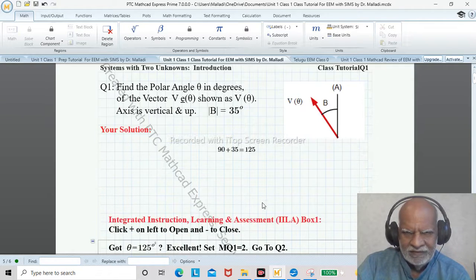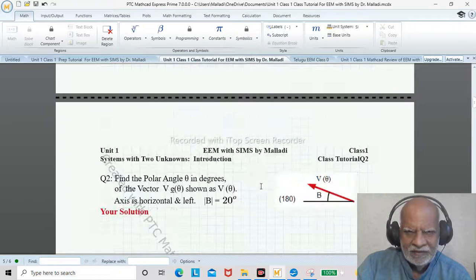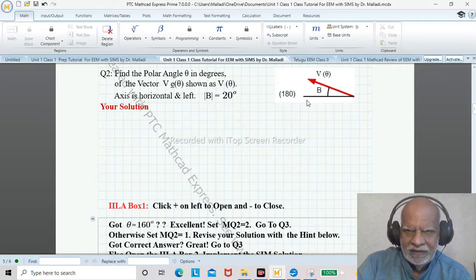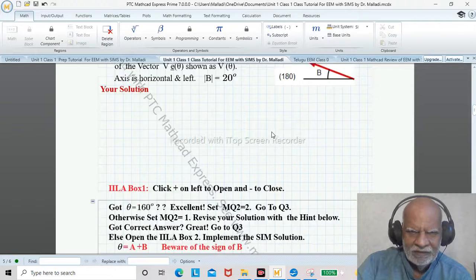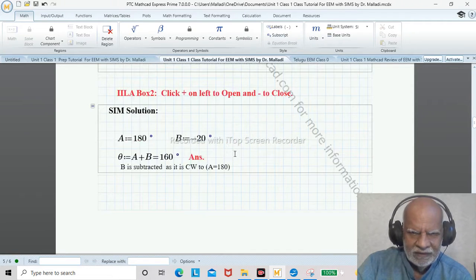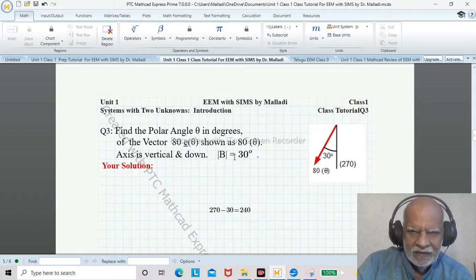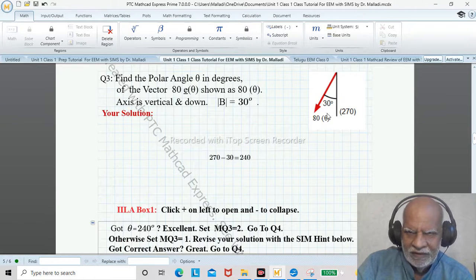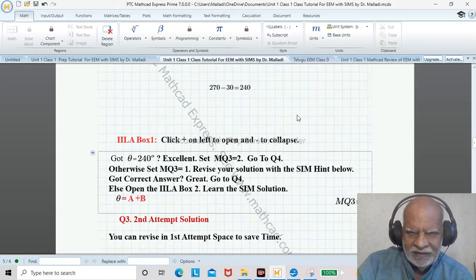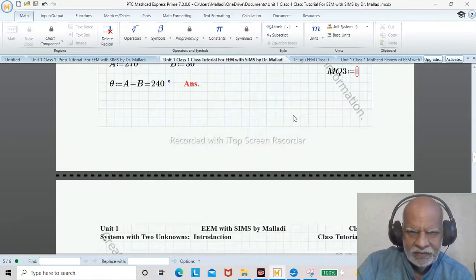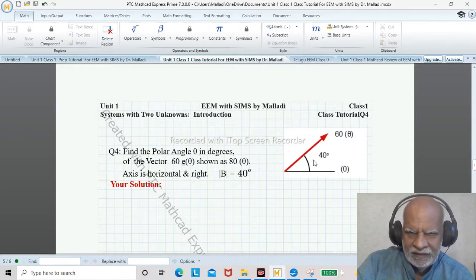So this is the answer. Next, here I took a vector here, now I gave it here. Subtract. Now here I chose this again, and here I did it here.